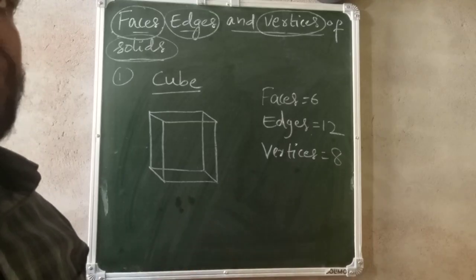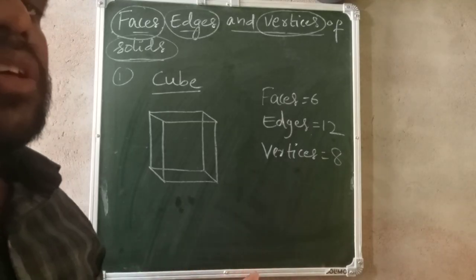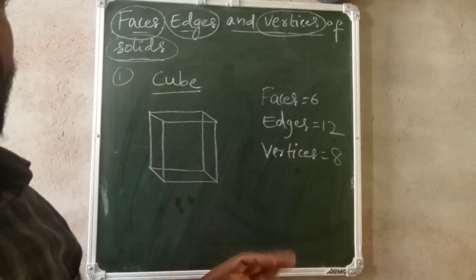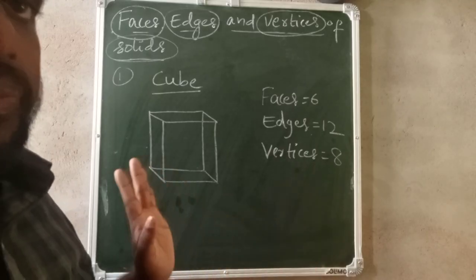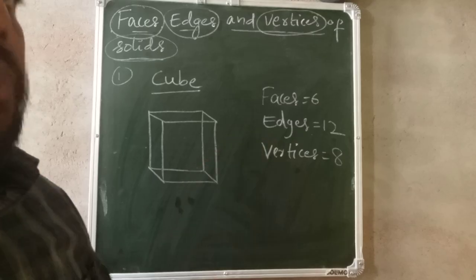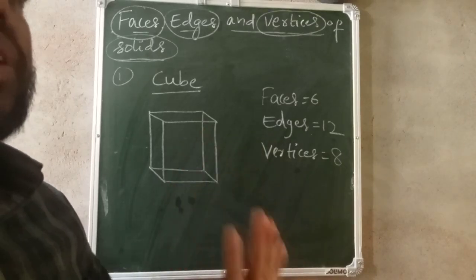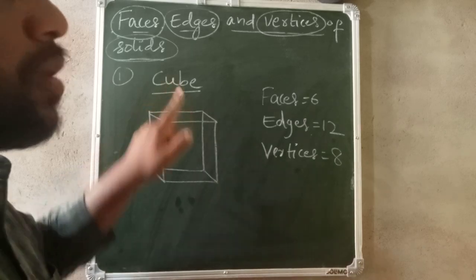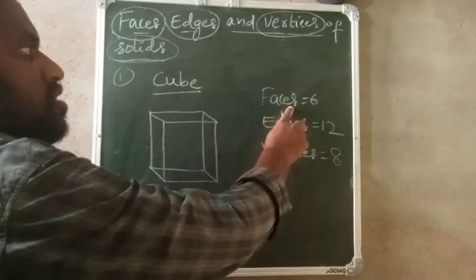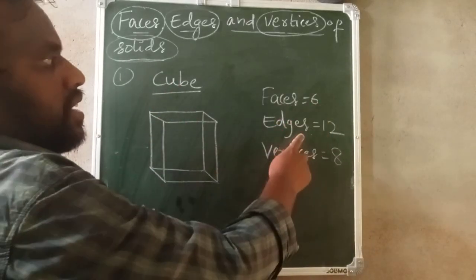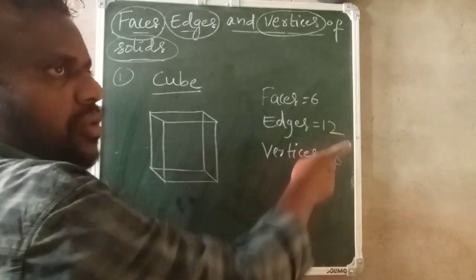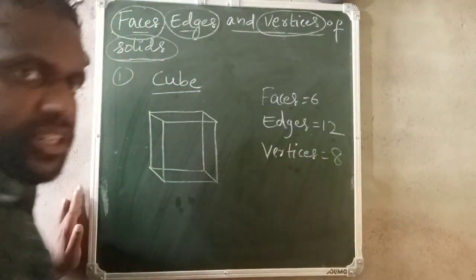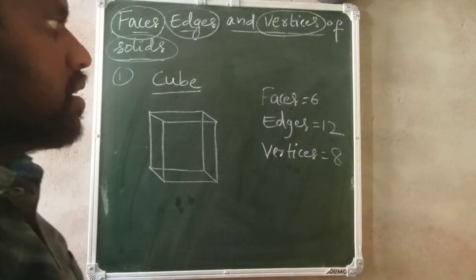The only difference is cuboid has different length, width, height, but cube has all length, width and height same. But whether length, width and height are same or different, for cube and cuboid, faces is equal to same 6, edges is equal to same 12, vertices is equal to same 8.